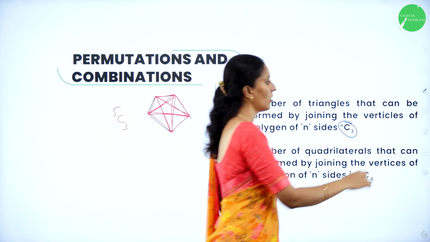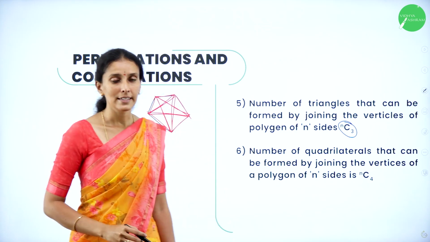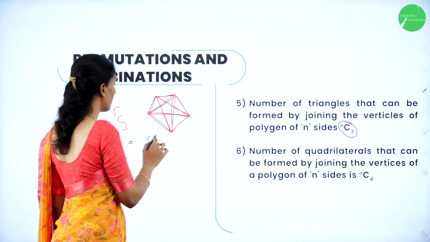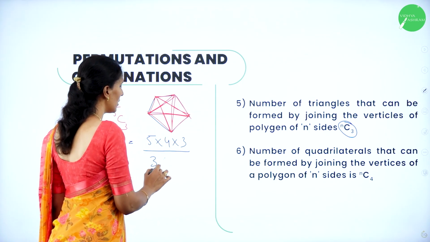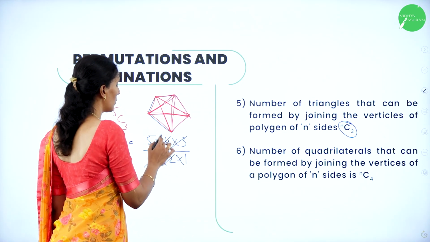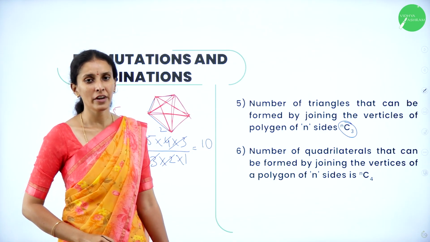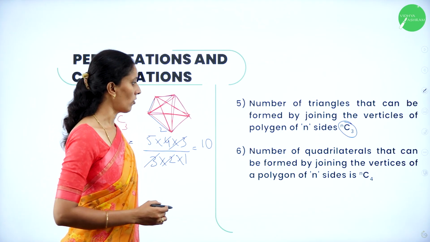So in a pentagon, it is 5C3 because you have 5 vertices in a pentagon. What will be my answer? 5 into 4 into 3 over 3 into 2 into 1. So 3 cancels, and we get 10. So you can draw 10 triangles inside the pentagon.